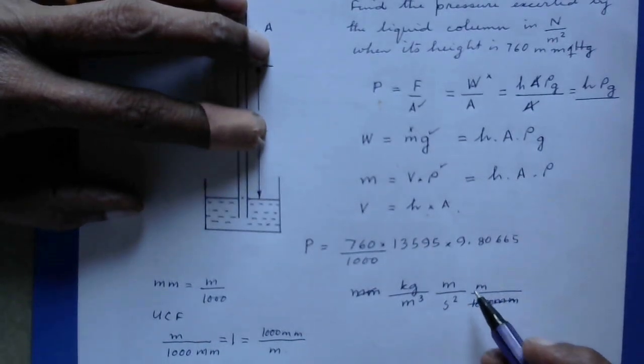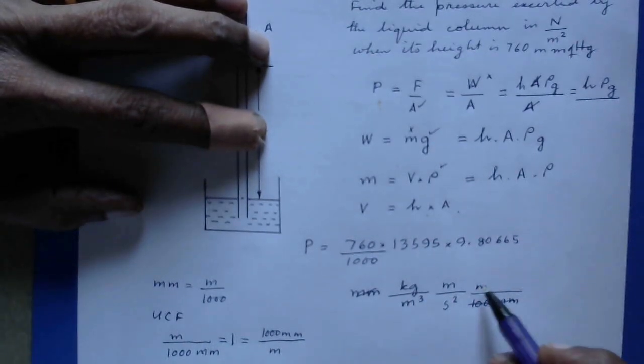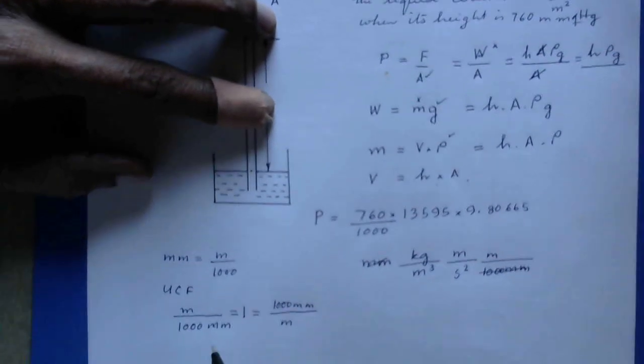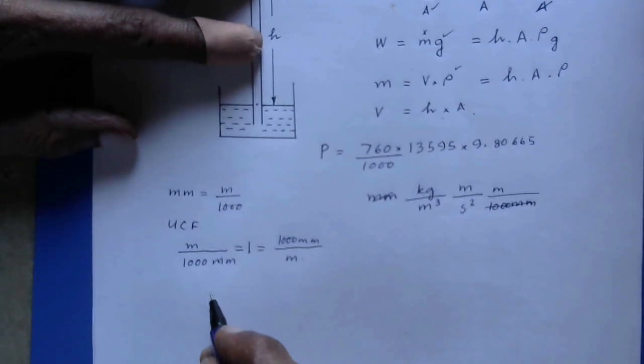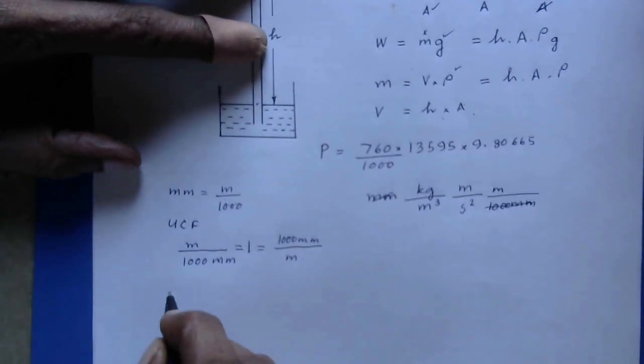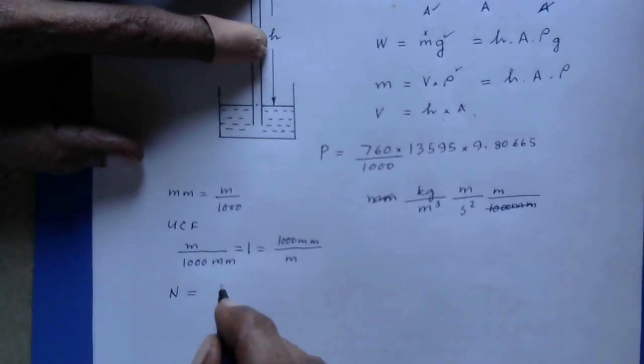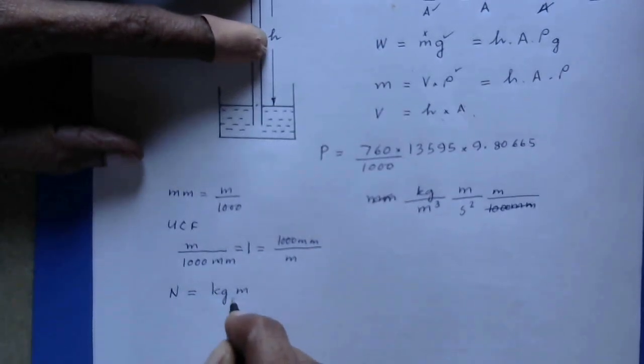So now the problem is I have to convert this mass unit into force unit. So that is again from the definition of the unit of force. So Newton is equal to kg meter per second square.